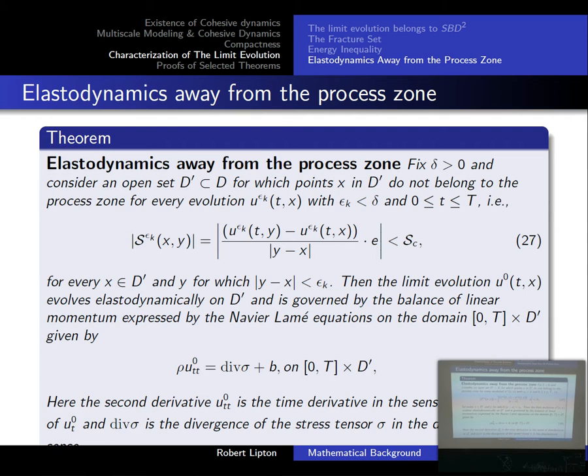Now, away from the fracture set, if we're in a quiescent region where D prime is an open subset of D, and these points do not belong to the process zone, so the stress is less than S_c, and this is true for all times and for sufficiently small epsilon_k's.